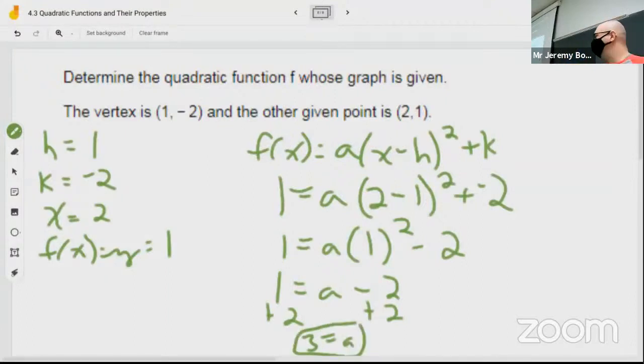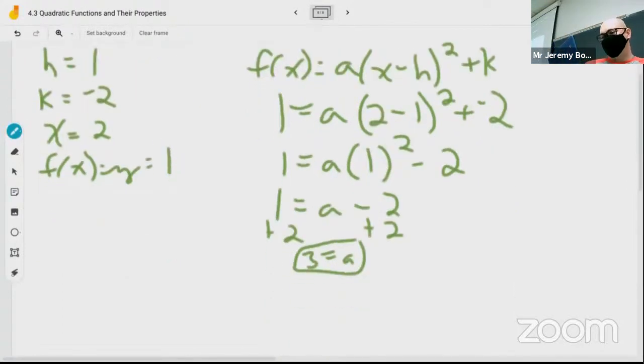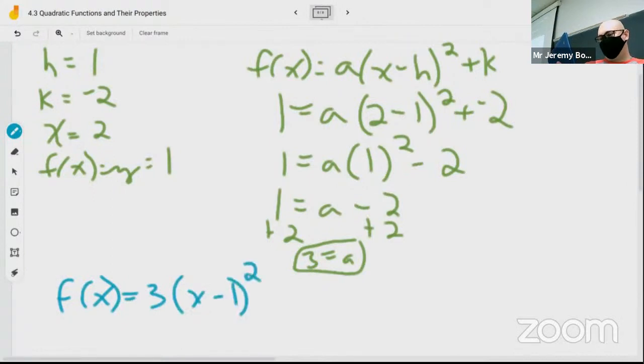That tells me that it opens up. We didn't know before. And now we just got to plug in the h, the k, and the a. Leave out the x and the y. And so we're going to have f of x is equal to 3 times x minus 1 squared minus 2.